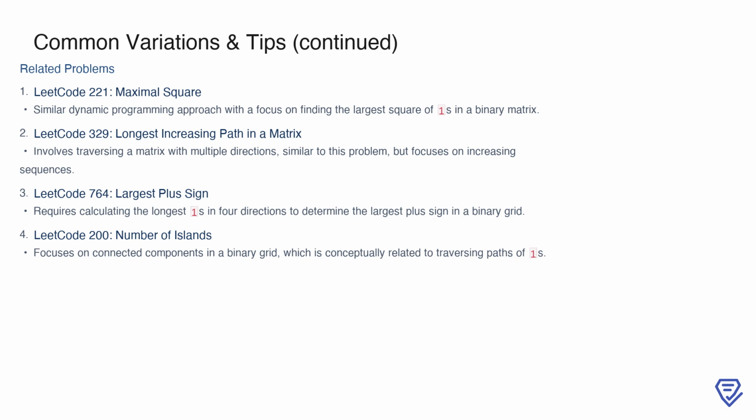LeetCode 764, Largest Plus Sign, requires you to calculate the longest lines of ones in 4 directions to determine the largest plus sign in a grid. Finally, LeetCode 200, Number of Islands, deals with finding connected components in a binary grid, which shares some conceptual similarities with identifying paths of ones. By studying these problems, you can build a stronger foundation for solving matrix-based challenges.